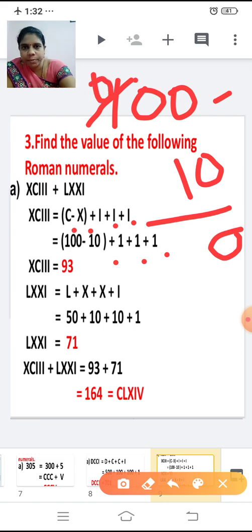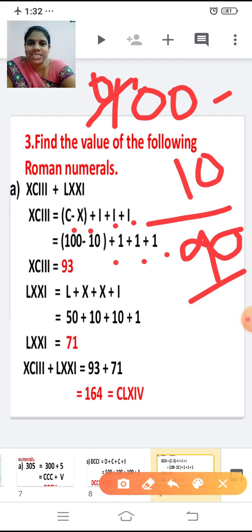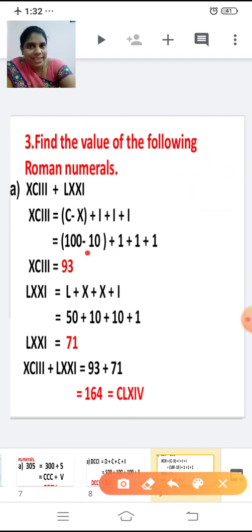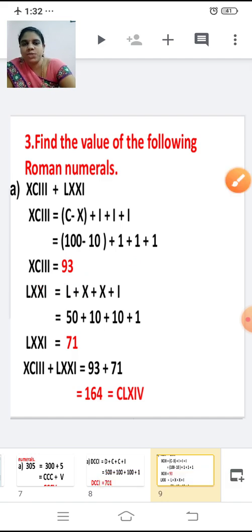So 0, I'm borrowing, 10 minus 1 is 9. So 100 minus 10 is 90. So this value is 90 plus 1, 91. Again plus 1, 92. Plus 1, 93. So the value of XCIII is 93. Now let's move on to the next one.